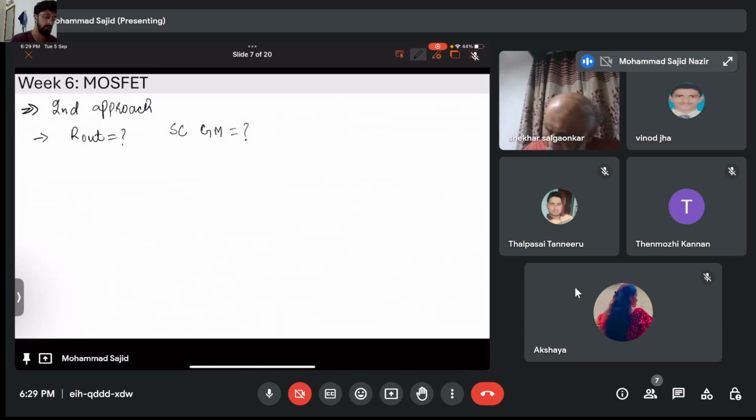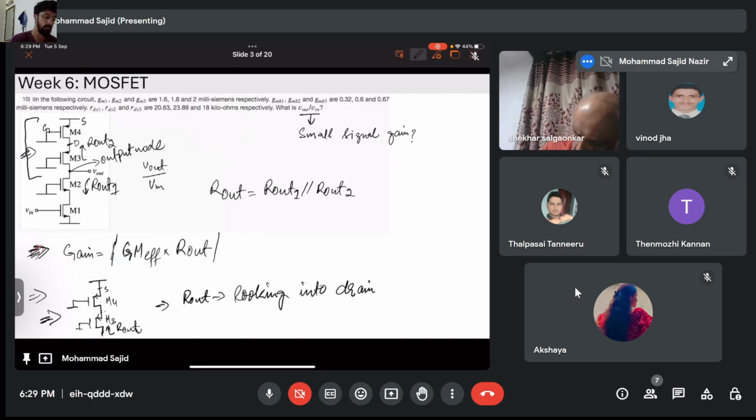So let's first calculate R out. Let's go back to the circuit. So you look at the circuit here. How will you calculate R out? By this, right?